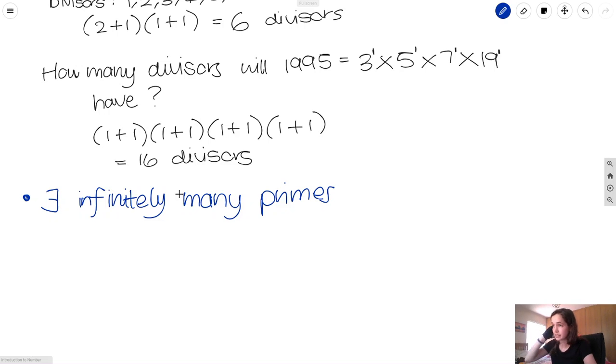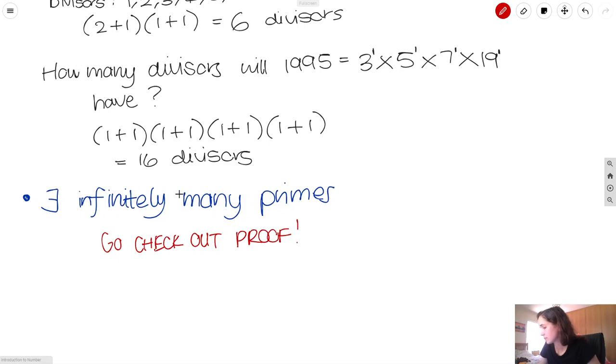How it is done is you assume the opposite, in that you assume that there does exist a biggest prime, and then you show that there must be some contradiction because of this assumption. So yeah, you can go check out the proof.